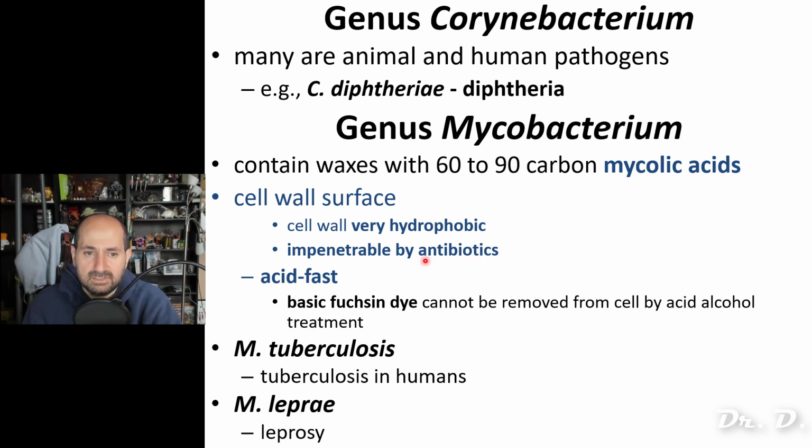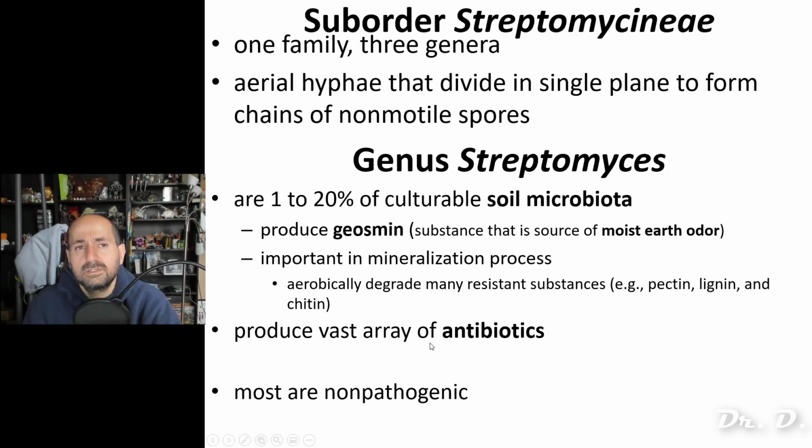And it's because of that mycolic acid in the cell wall, making it very impenetrable to antibiotics. Remember, these are the acid-fast bacterium. These include pathogens such as Mycobacterium tuberculosis, which causes tuberculosis, and Mycobacterium leprae, which causes leprosy.